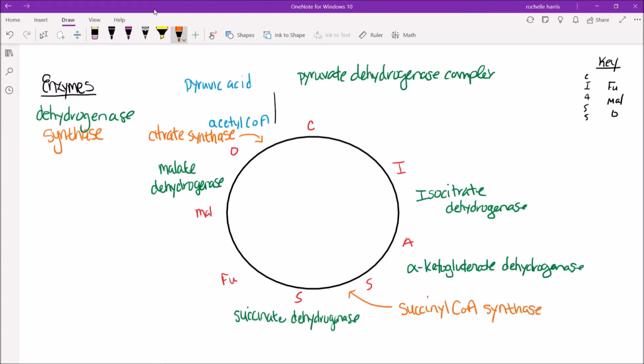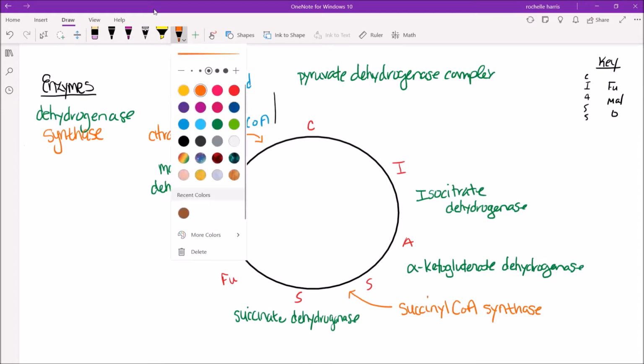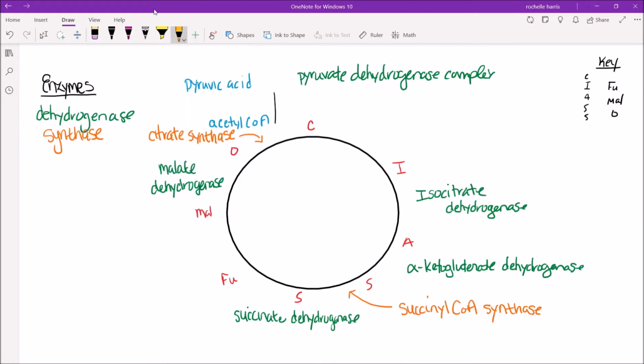So those are our two synthases, and our last two enzymes are aconitase and fumarase. We find aconitase between citric acid and isocitric acid. And our last one, fumarase, is between fumaric acid and malic acid.